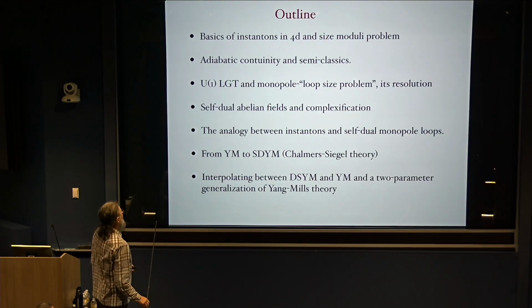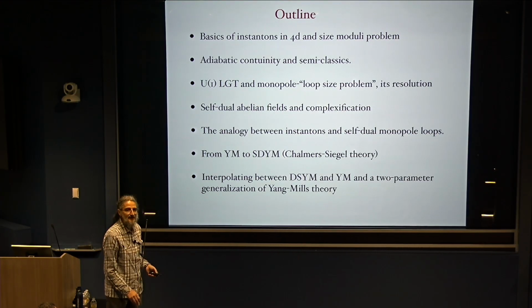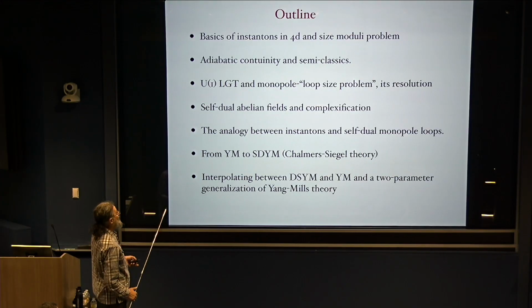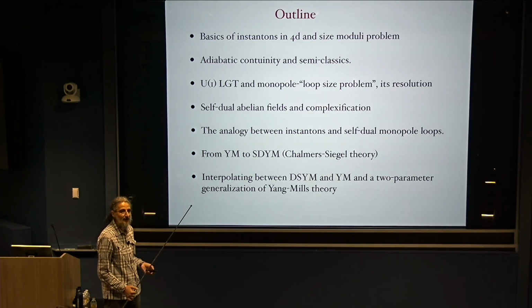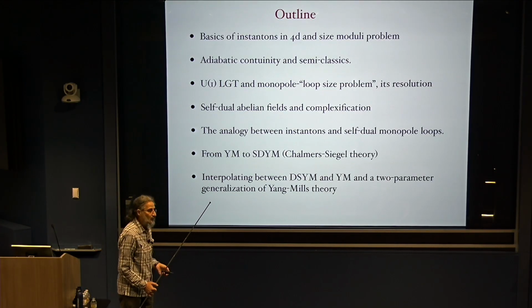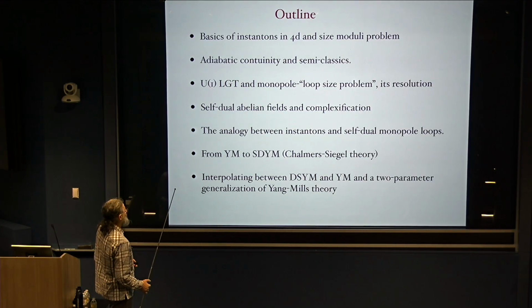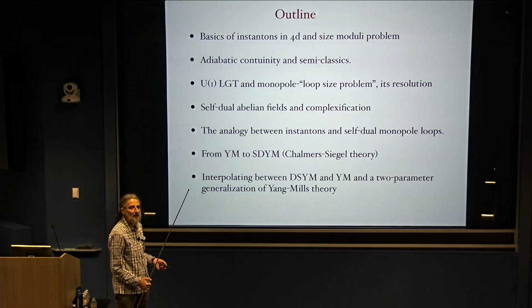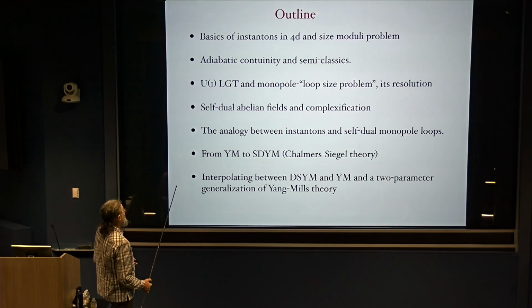First, I will describe briefly some basics about instantons in 4 dimensions and describe the famous or infamous size moduli problem. Then I will go to the notion of adiabatic continuity and calculability and reliable semi-classics.